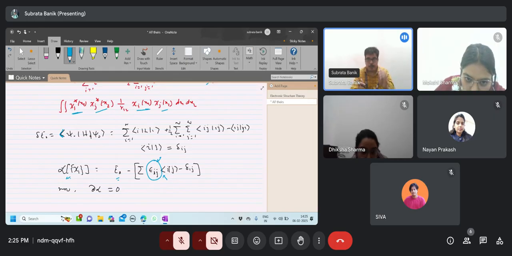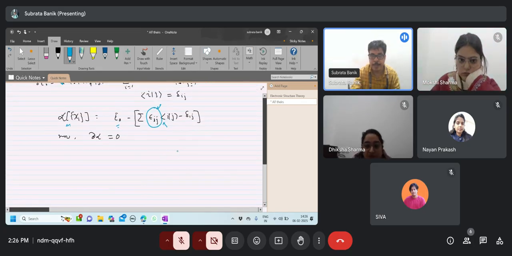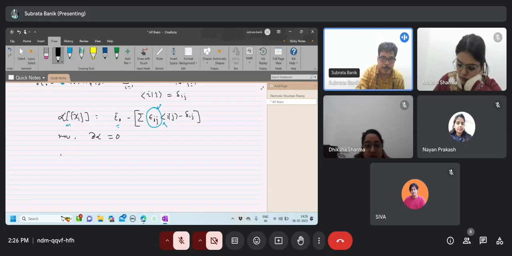Okay. So if that part is clear, now as I said yesterday when we were discussing, we have to write this. So we are writing δ of E0. What is E0?